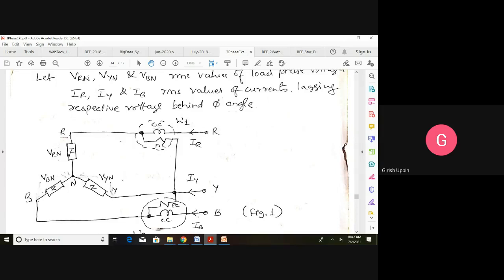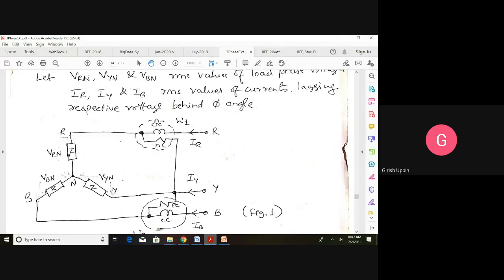One is called the current coil, CC, and the second one is the potential coil. When we are measuring the power, there are three factors involved: one is the voltage, one is the current, and one is the power factor. If you remember the three-phase power equation, P is equal to root 3 times VL IL cos phi.